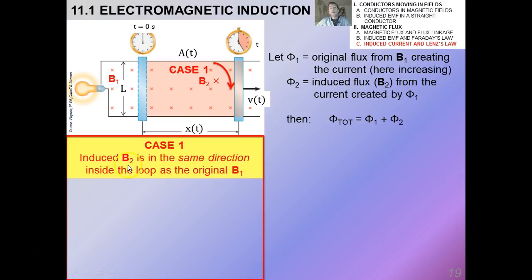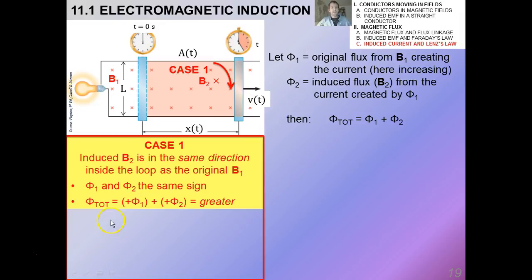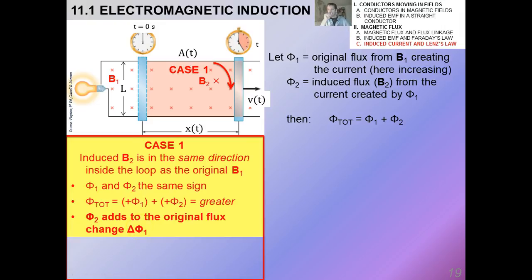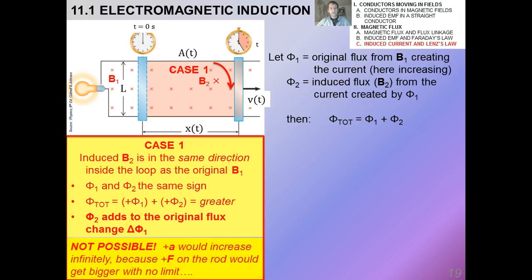Now, if that's the case, phi 1 and phi 2 are the same sign. So the original flux and the new flux are in the same direction. Therefore, phi total would be greater than either one of them. So phi 2 would add to the original flux change, phi 1. It would actually make the original change in flux greater.